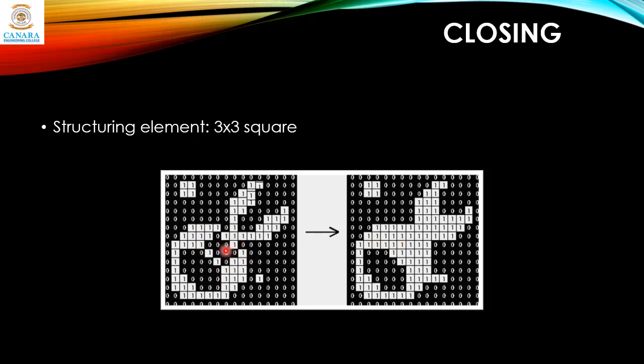So you can see here, this region has been completely closed, and even this area has been filled, and this area is kept vacant because it doesn't satisfy the condition when you move the structuring element, so it cannot be covered fully. It's kept open, but apart from that, even this 0 has been turned into 1 and this 0 has been turned into 1 here.